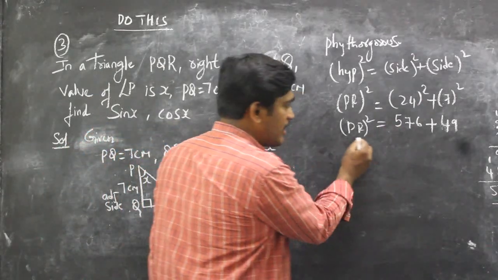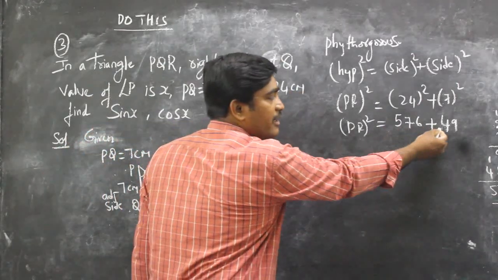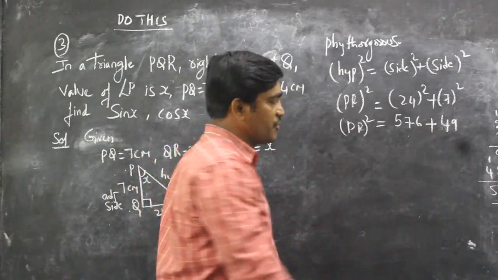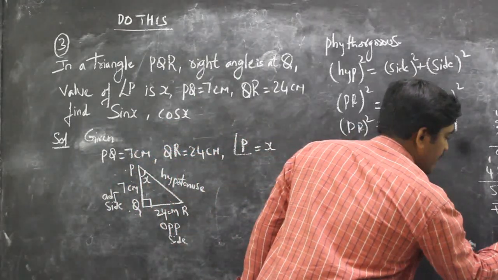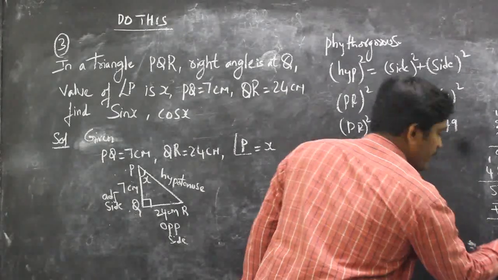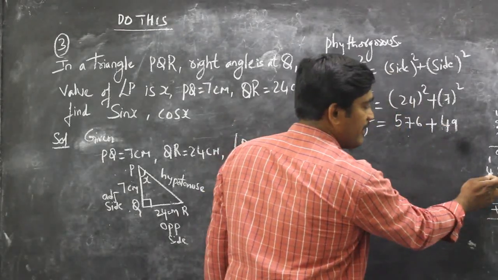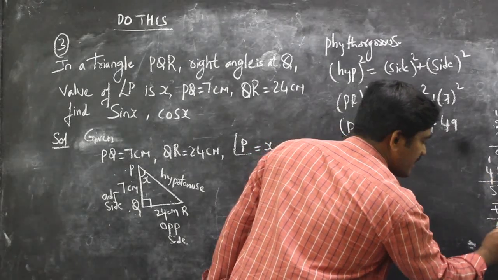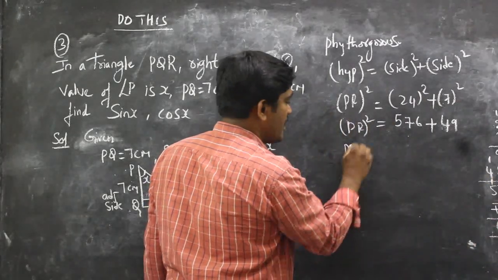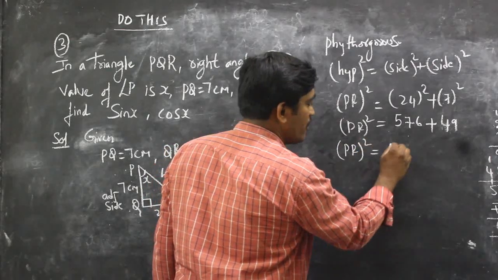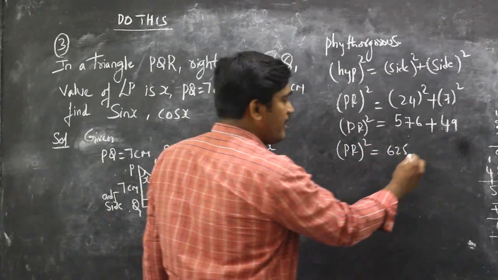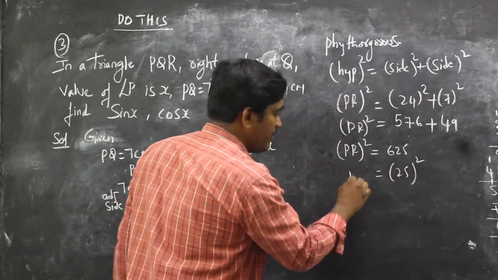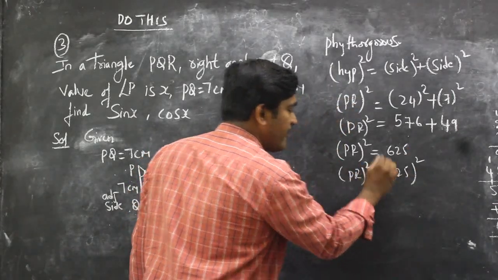Now we want the PR value. Here two numbers are there with a plus sign, so I will add them. 576 plus 49 gives 625. So PR square is equal to 625, and I know that 625 is equal to 25 square.